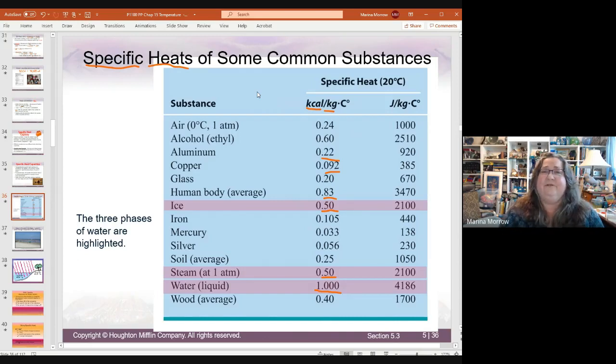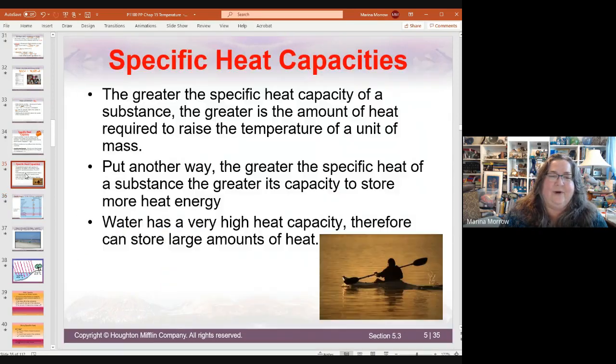But it's still true. Does the energy that you put into a substance make the molecules move faster immediately so they start to heat up, or does it get stored inside the fluid? And water kind of stores its energy. So the energy gets stored in water somewhat.